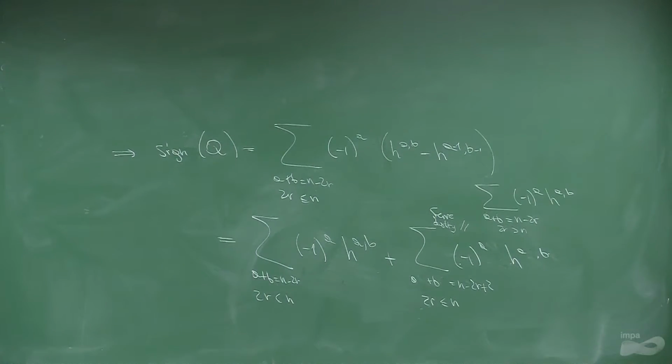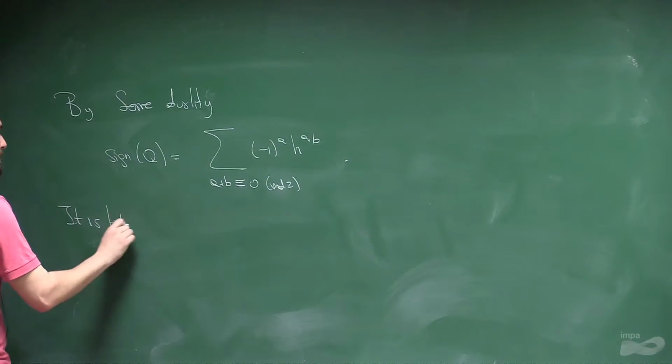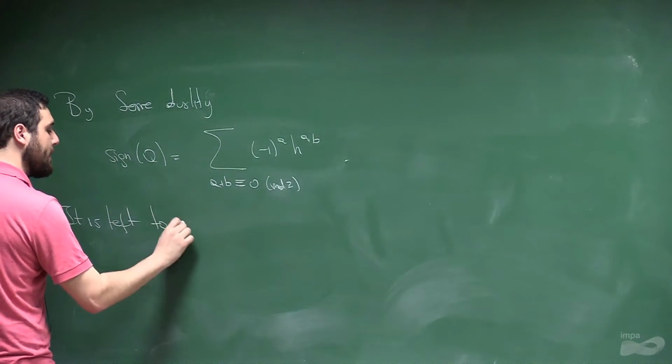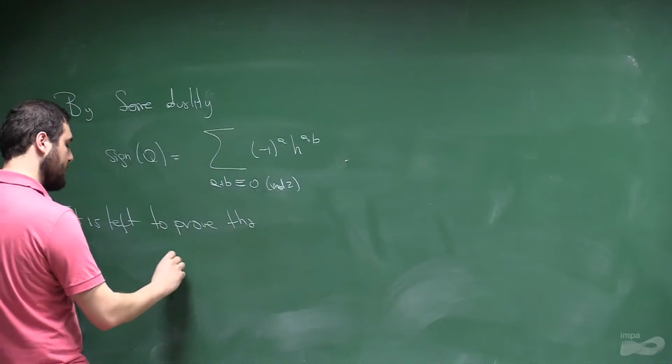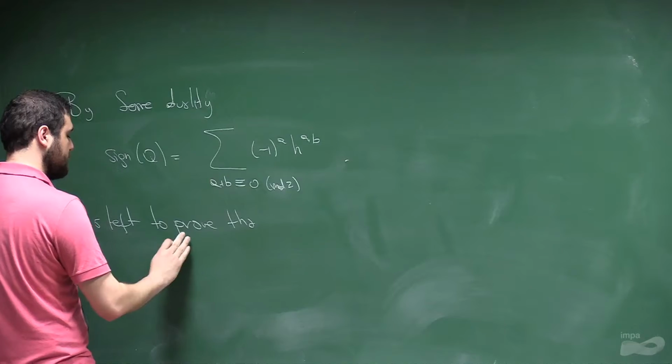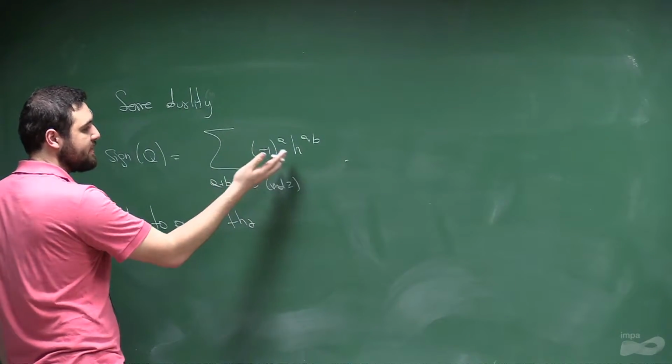Okay, so the only thing that we have to check now is that it is left to prove that the same sum but with a plus b odd is 0, right?